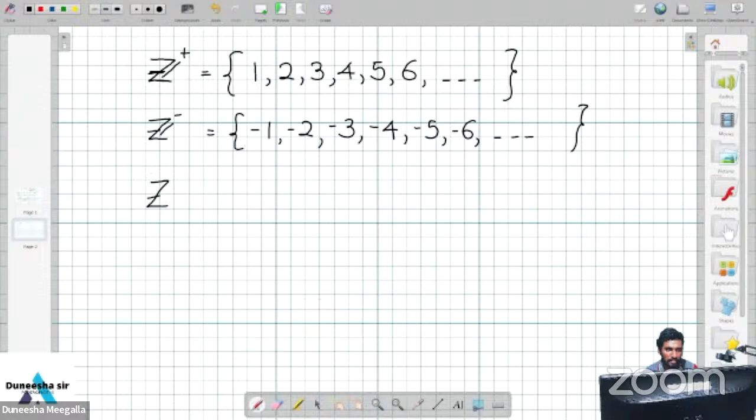Then another subset is here. Then the left side of the Z, the 0, then plus. What is it? It's including 0. What is including 0 and positive integers? 0, 1, 2, 3, 4, 5, 6, likewise.